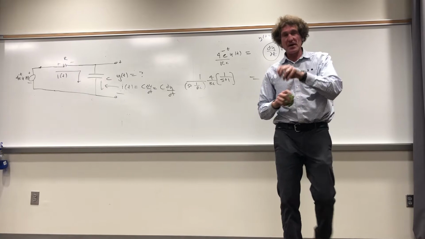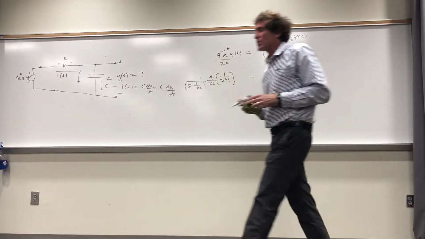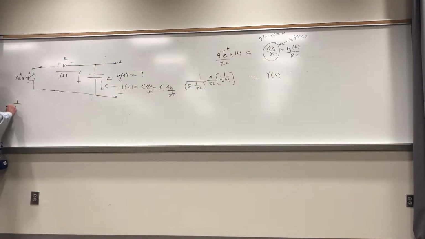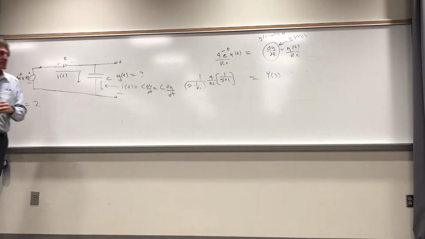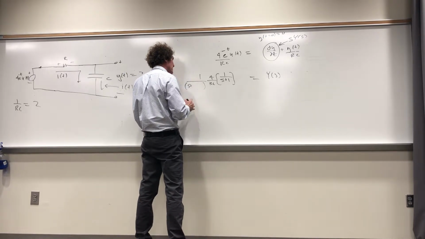Now I'm going to say one thing. If I had initial conditions for this same problem, and I'm going to give 1 over RC a value to make it a little more real, let's call that 2. Why? Because I feel like it. No other reason. So this becomes 2, right?